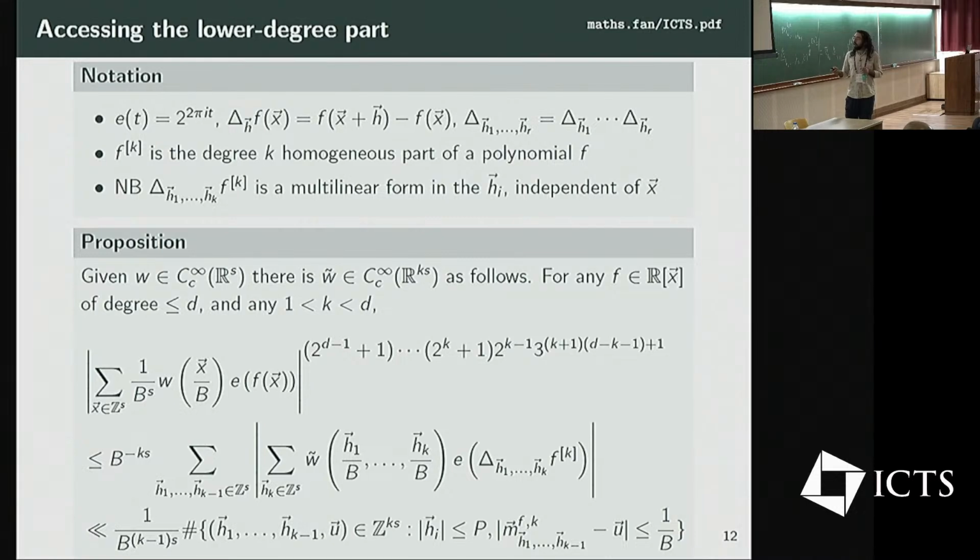Okay, and so what this does is it says, well, if I make the power here much bigger, a lot bigger than 2 to the d minus 1, then actually I can get the same character of result, but instead of capturing something about the degree d part here, it captures the same thing about a lower degree term.